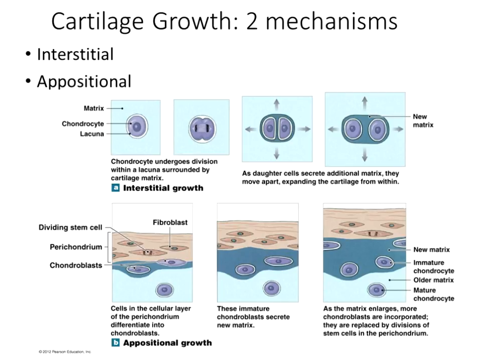But I want the cartilage to stay pretty thick. That kind of growth is going to be appositional growth. And this is how we get thicker and not necessarily longer in length.